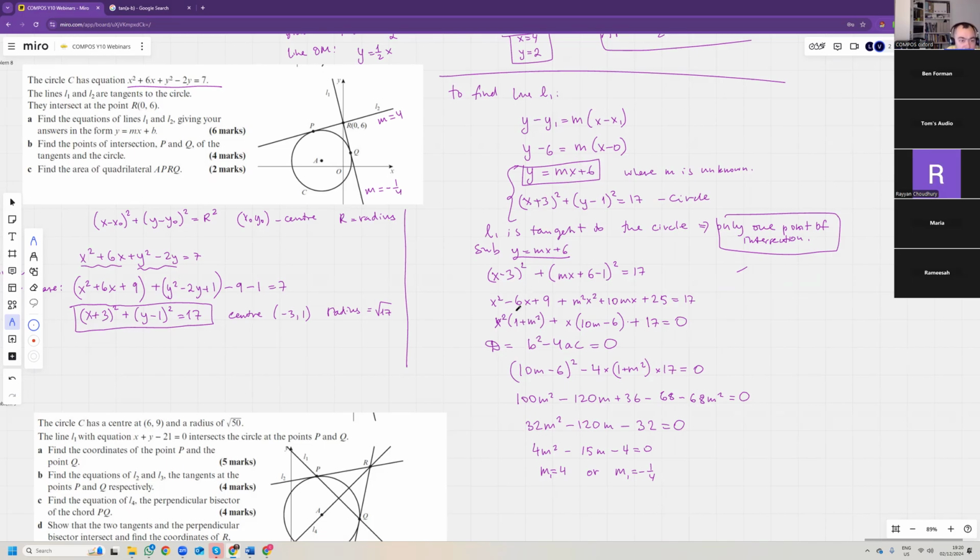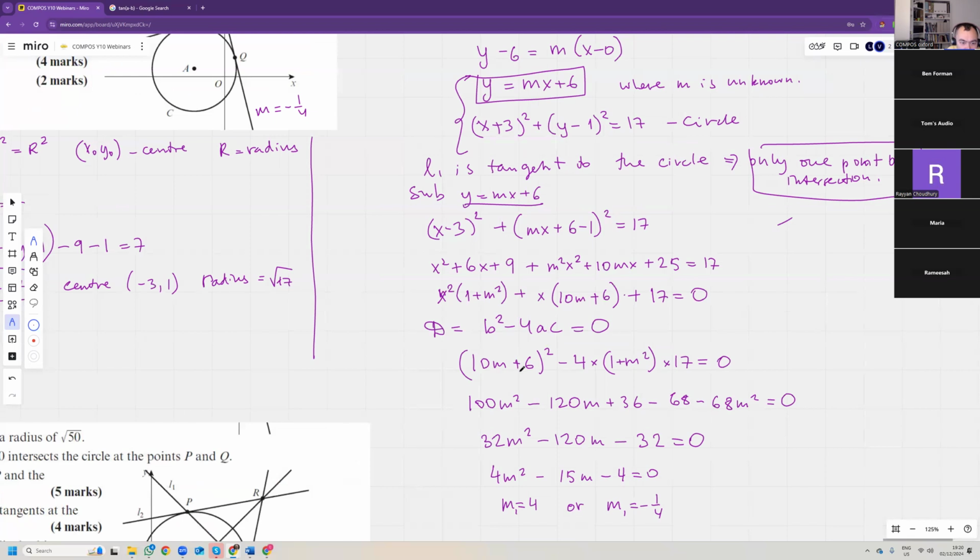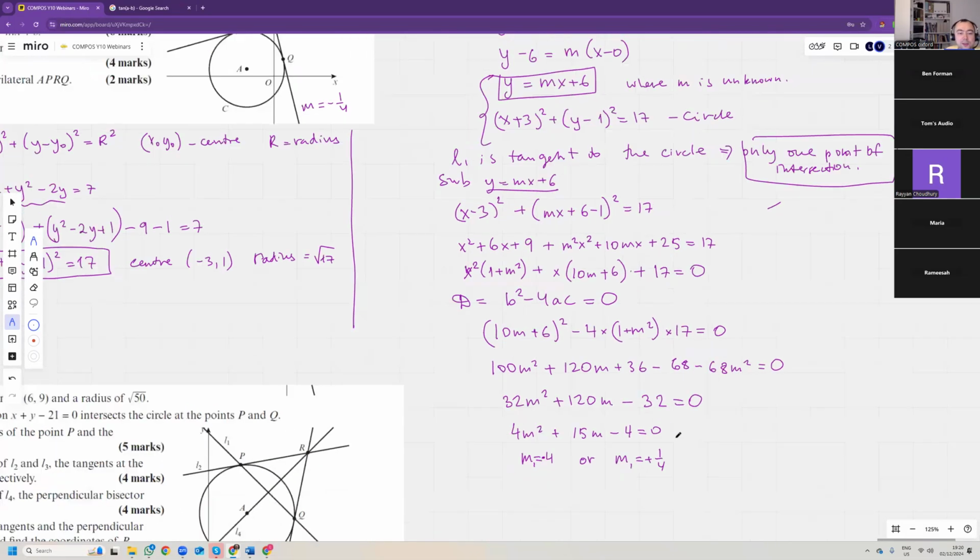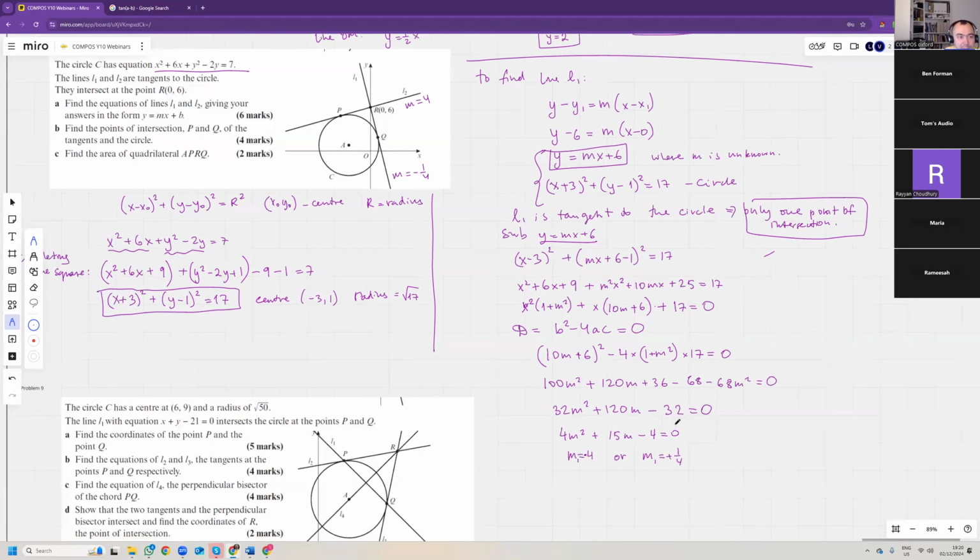This is plus 1. So this is plus, and this is plus. So that is plus. That is plus. This is plus. This is plus. And this is minus 4 and plus 1 quarter. All right, not that bad. So m equals 1 quarter and m equals minus 4.